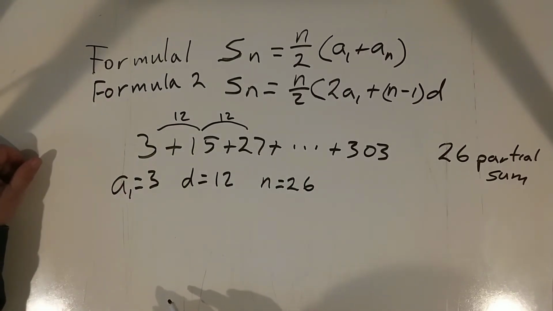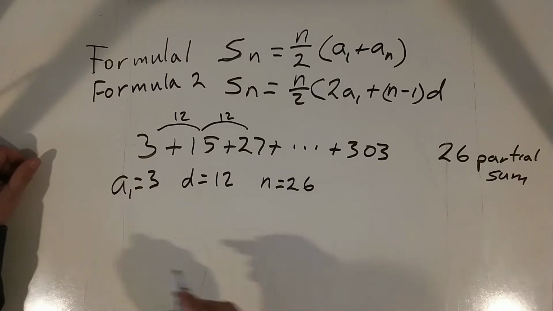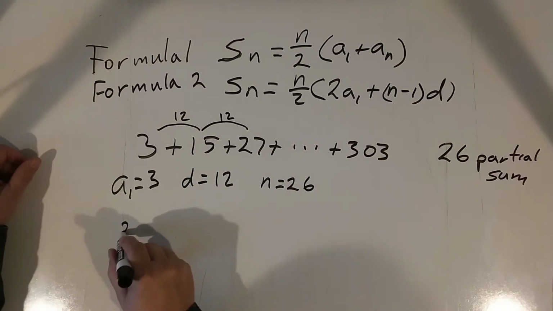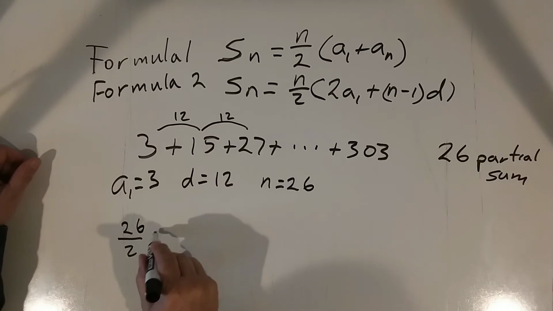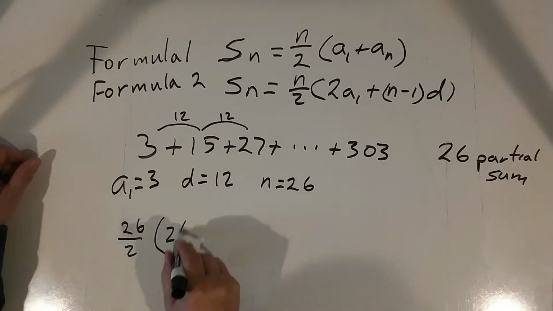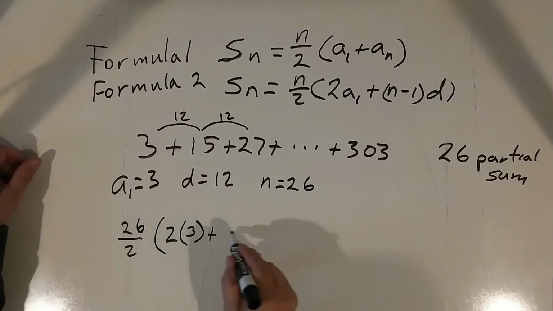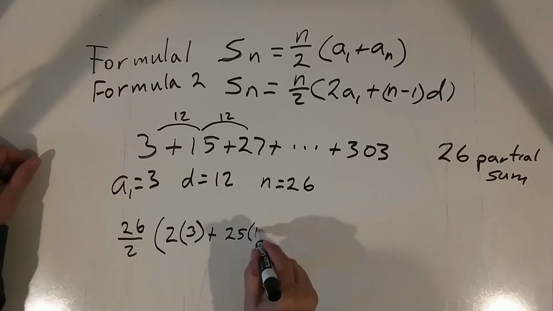Now I can find the partial sum using formula number 2, which is 26 over 2 times 2 times the first term, which is 3, plus n minus 1, that's 25, times the common difference, which is 12.